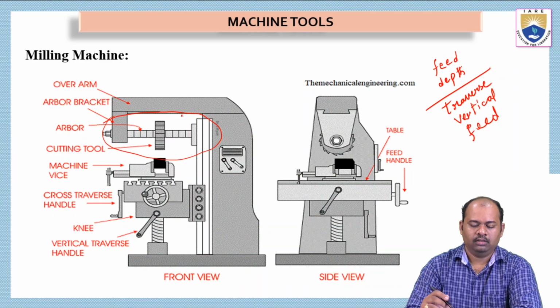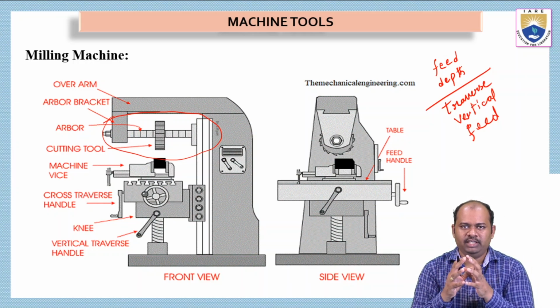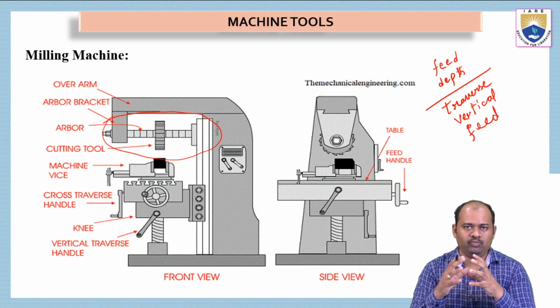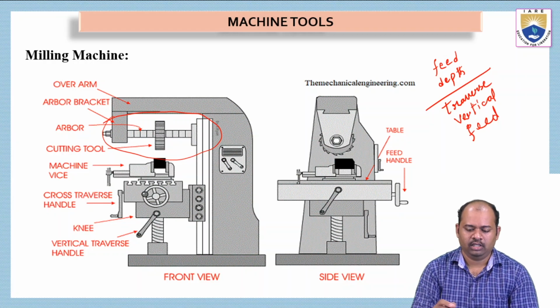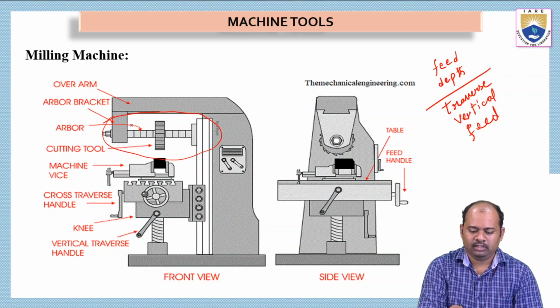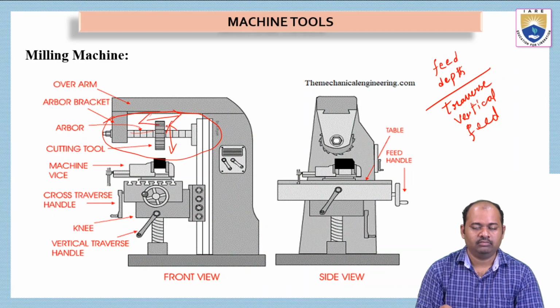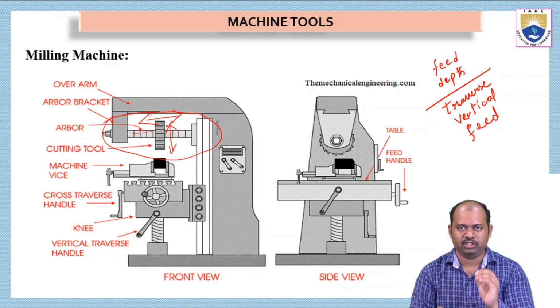The tool will be at a stationary point. The tool is only rotating, but it cannot move in any direction. Even though it is rotating, it is fixed at a particular position. It cannot move up or down, left or right.